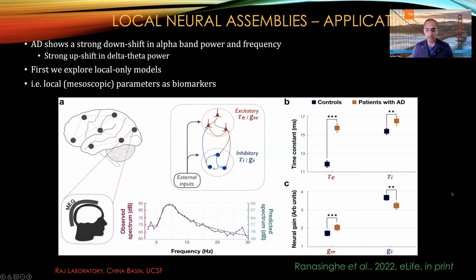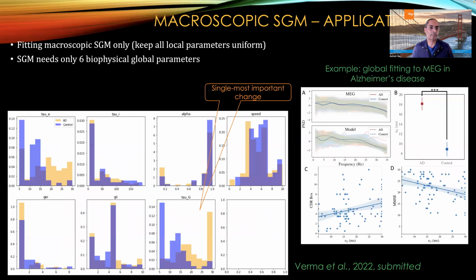So this is really exciting because it allows us to look at the inhibitory excitatory balance, or imbalance, in fact, in Alzheimer's disease, an aspect that has been studied in mouse and in vitro models, but not really much in human data. So this is really exciting work that has now been accepted in eLife. I encourage you to check it out.